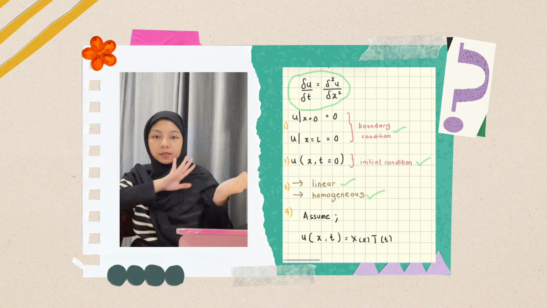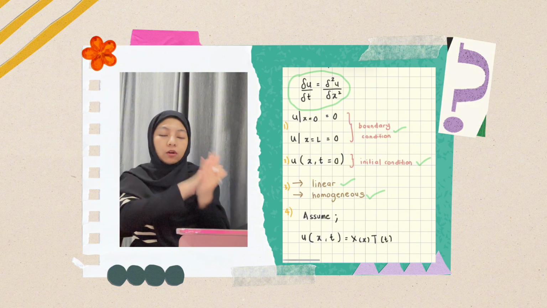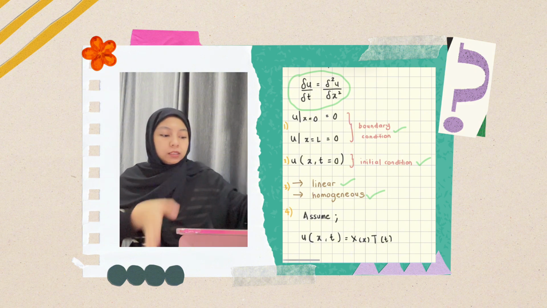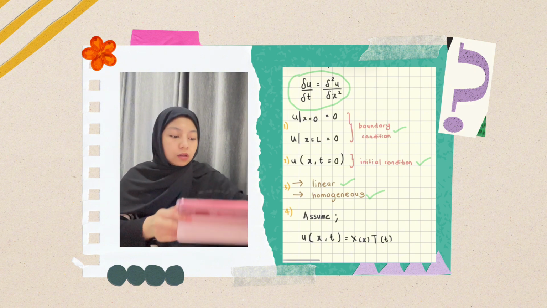So for today, I'm going to explain solving the diffusion of heat equation using a technique called separation of variables. I'm going to put the equation right beside here because I've already written the solution in this gadget.